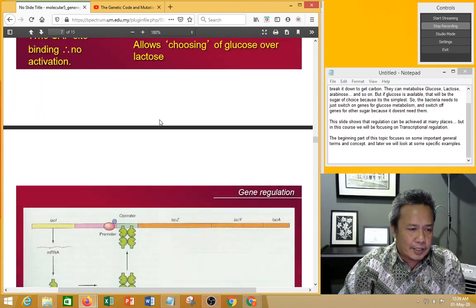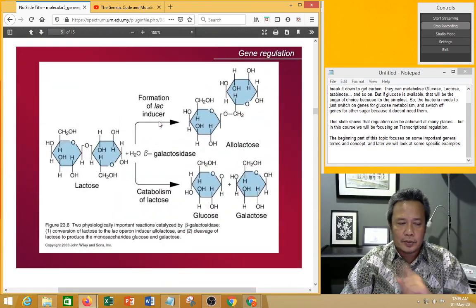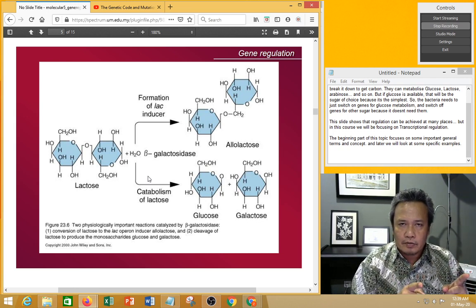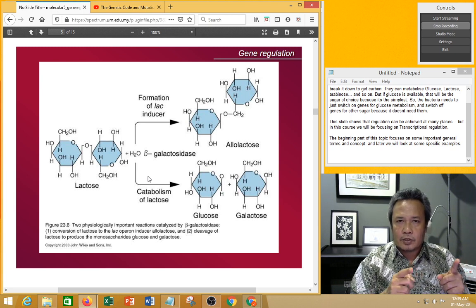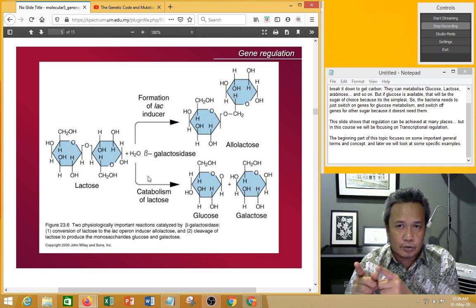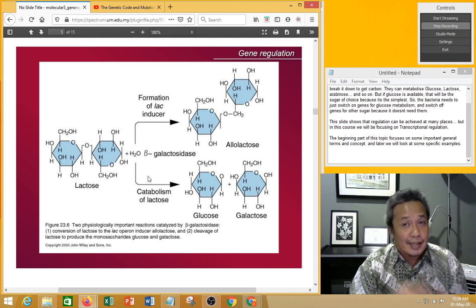One question. This is like a chicken and egg situation. We learned that the lac operon is switched on so that lactose can be broken down to allolactose. But in order for the lac operon to switch on, you need allolactose.